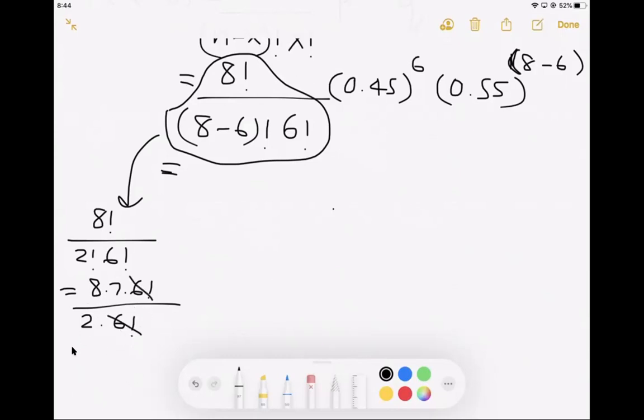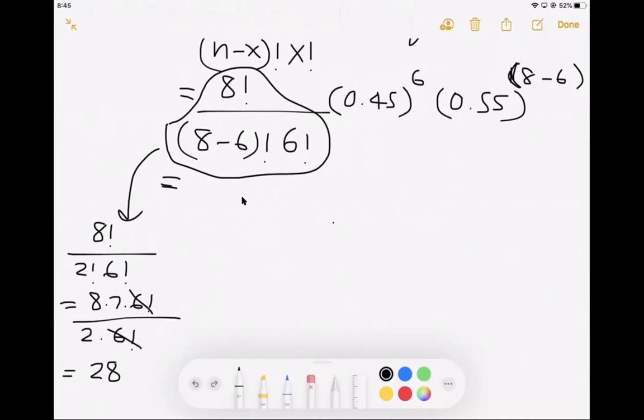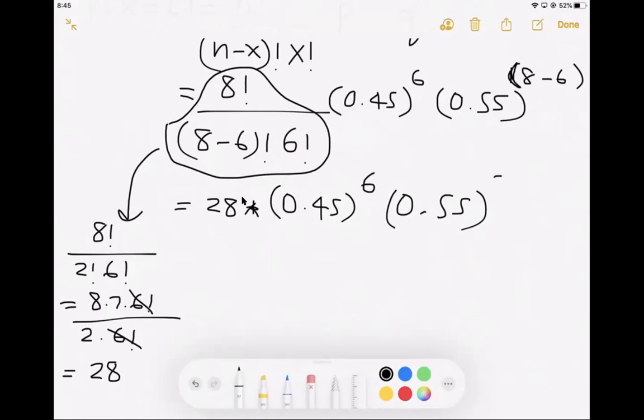Now what is the final answer? It's 28. It's very simple. Now I will write it here. Here it's 28 times 0.45 to the power 6 times 0.55 squared.